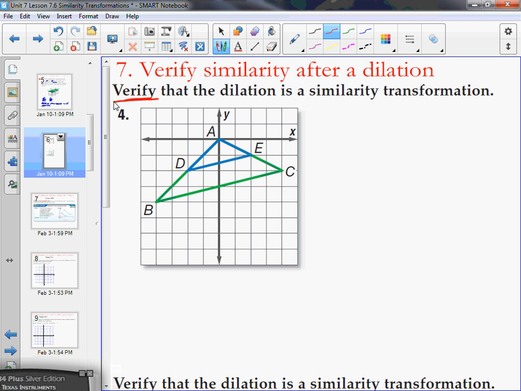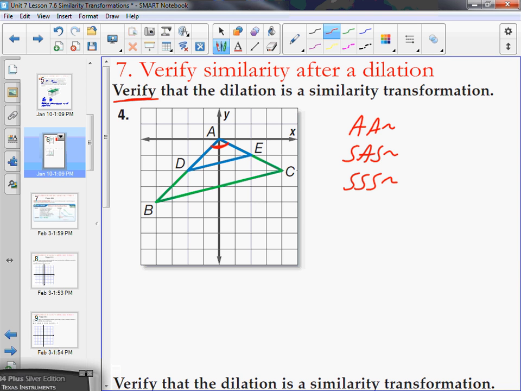These are triangles. So we could use angle-angle similarity, side-angle-side similarity, or side-side-side similarity, right, for a triangle. Now, when it's on a coordinate plane, we can't always tell if angles are congruent, but we can figure it out, right? So listen. I need you listening instead of writing. Here's what you might do. You might look and say, okay, angle A is in both those triangles. It's congruent to itself.